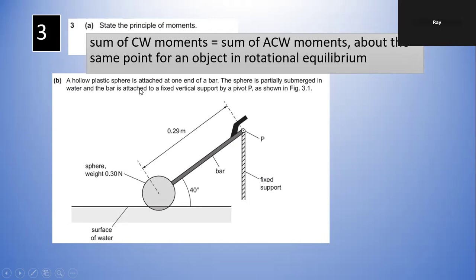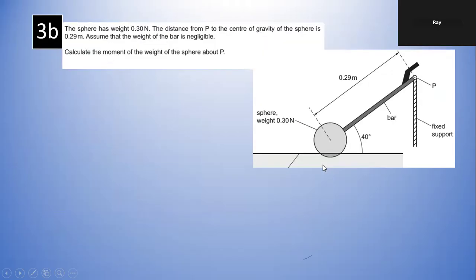A hollow plastic sphere is attached at one end of a bar. The sphere is partially submerged in water, and the bar is attached to a fixed vertical support. The vertical support at the pivot P is shown, as is the water level. The sphere has a weight of 0.3 newton.